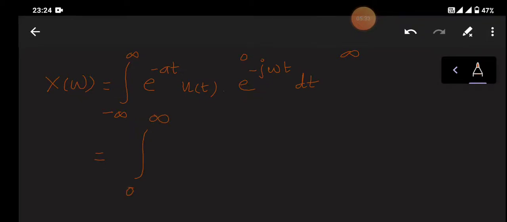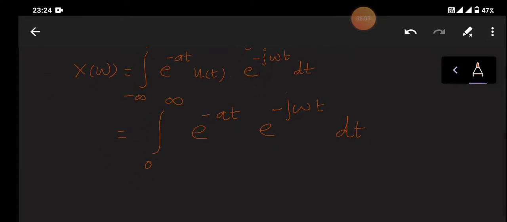And the signal will become e to the power minus a t, because we can remove u(t) as we have put the limits, multiplied by e to the power minus j omega t dt.